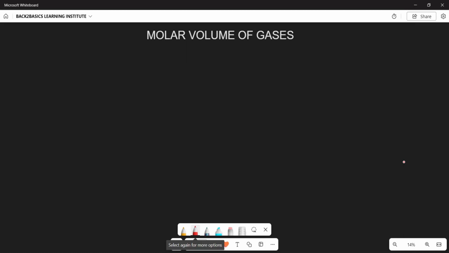What we can do with the amount of gas is determine the amount formed by weighing. In other words, we can determine the mass of that particular gas.